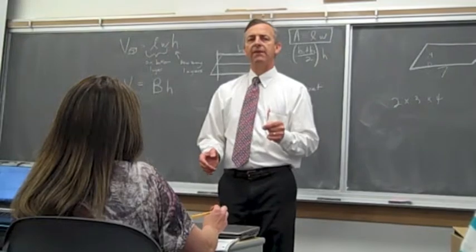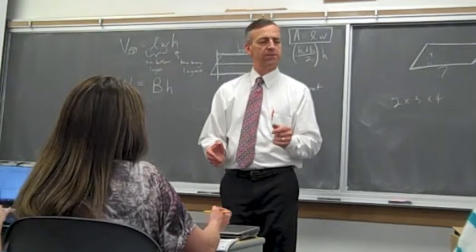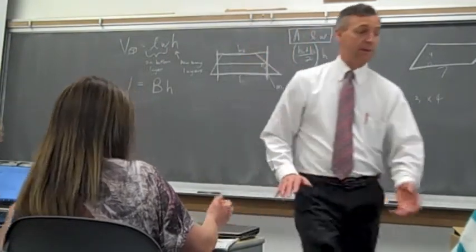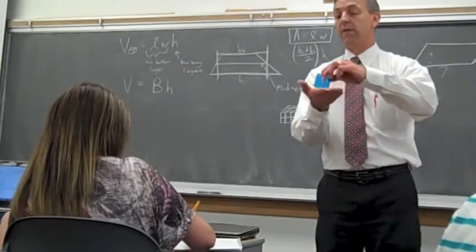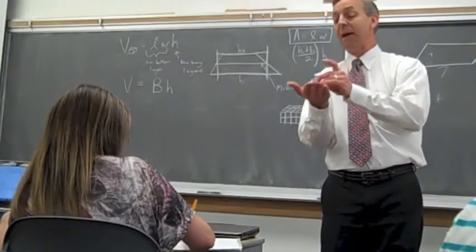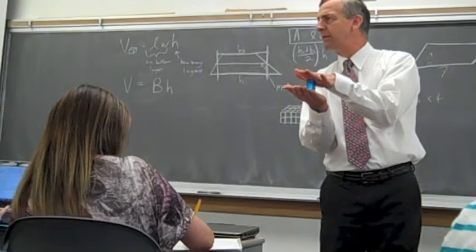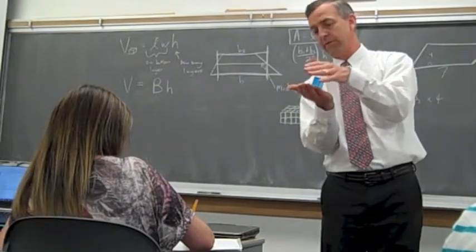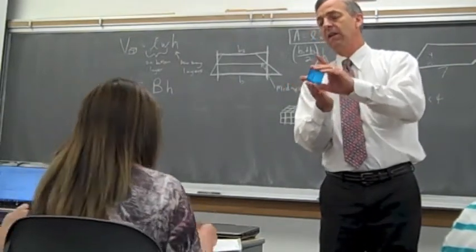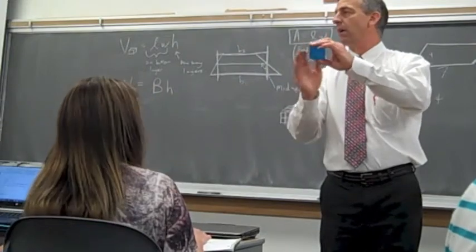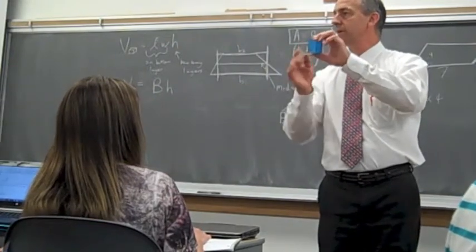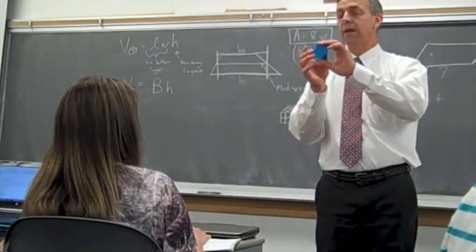The definition of a prism is that it's got a bottom base and a top base that are identical to each other and parallel to each other, and the sides are connected with either parallelograms or rectangles.